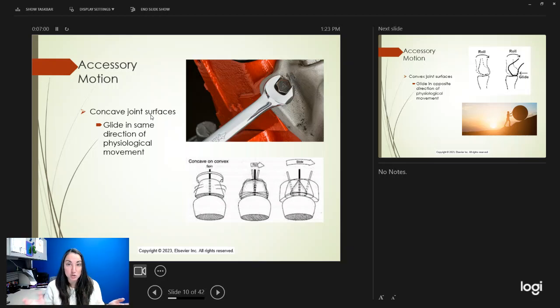That's why a wrench can successfully unscrew a screw, because it's all moving in the same direction. As you push it one way, it is unscrewing the screw that same way. So as my arm is moving superiorly, the roll and the glide are all moving superiorly. So it's all in the same direction.